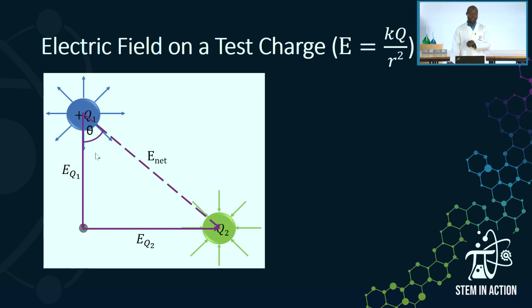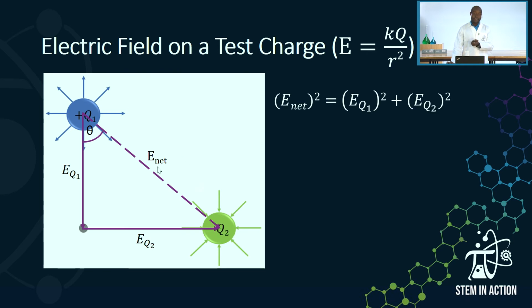Our E net is going to start from, so we are adding it the same way that we add vectors, and our first vector started from there to that point, and our second vector started from there to that point. So we are just connecting the beginning of vector 1 to the end of vector 2, and that is going to be our E net.